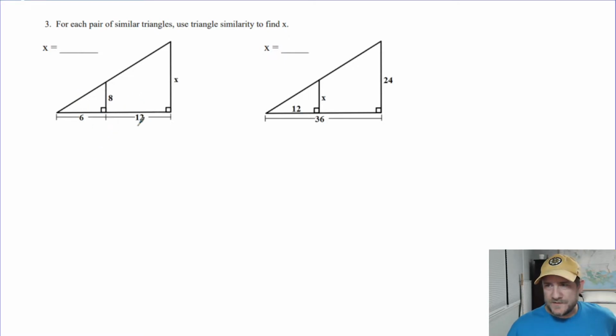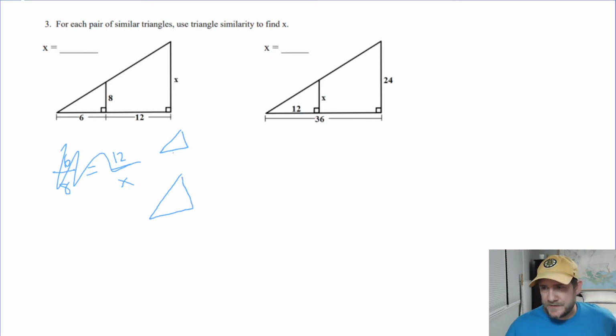Here I think the temptation is going to be for someone to set up a proportion where they just go 6 over 8 equals 12 over x, and that's just going to be completely wrong. So don't do that. Let's pull the triangles apart, relabel them like I've been telling you to do, and you'll see why this is wrong. In the small triangle, this is definitely 6, that's 8, that's easy.